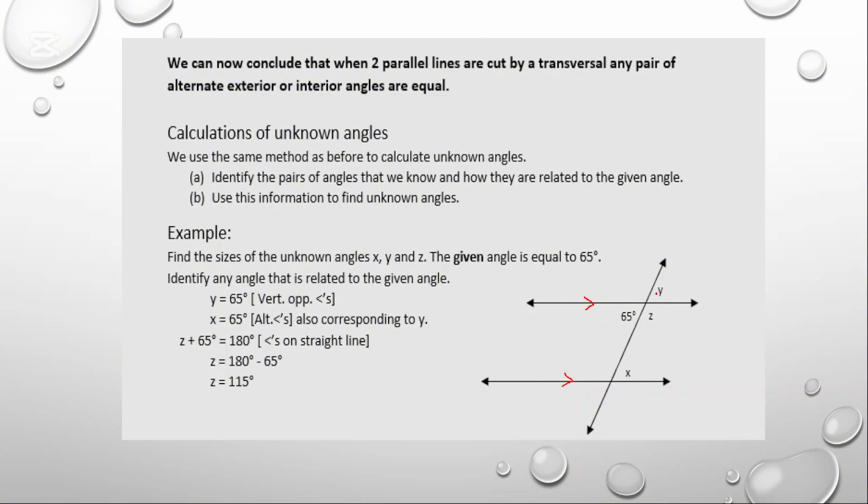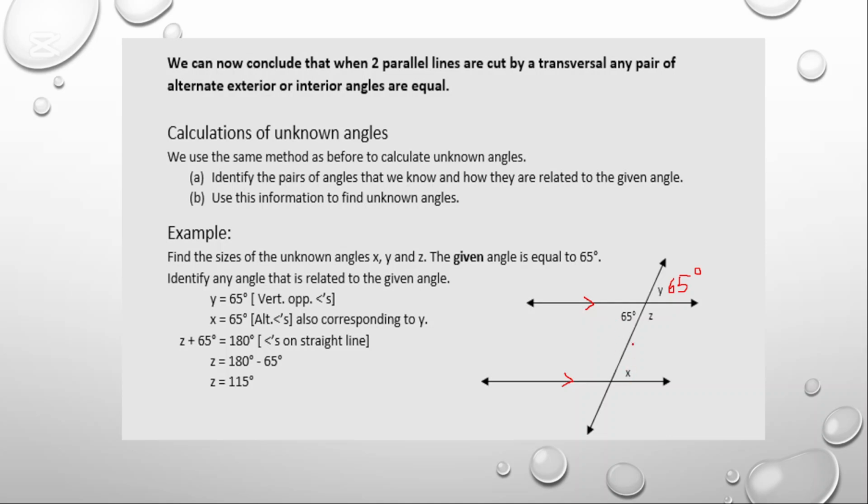I will start with Y. So Y is equal to 65 degrees. Reason? Vertically opposite angles. Y is vertically opposite the given angle. X: I can see 65 degrees and X, they are alternate angles.